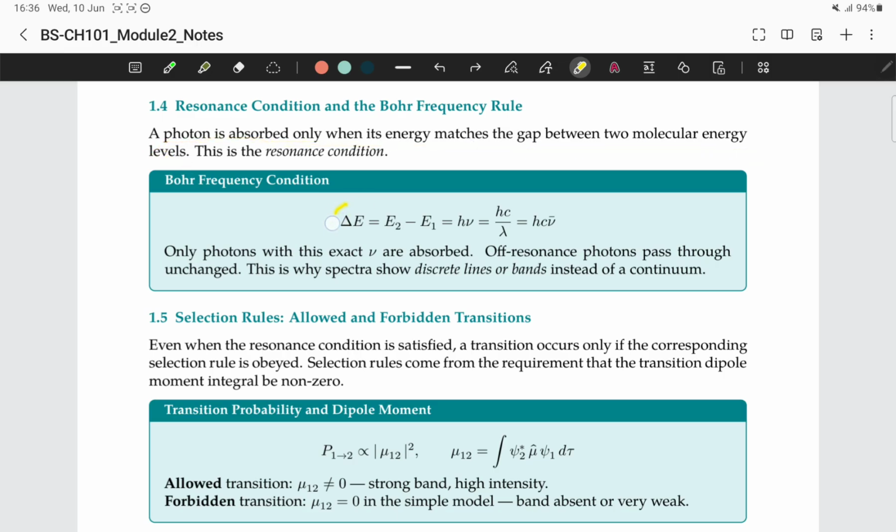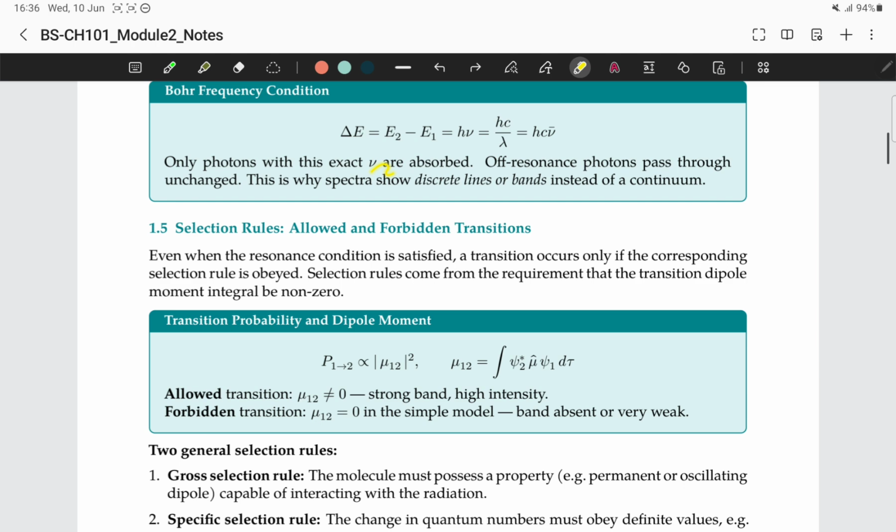That means ΔE = E2 − E1, which equals hν, or hc/λ, or hc ν̄. Only photons with this exact ν are absorbed, and off-resonance photons pass through unchanged. This is why spectra show discrete lines or bands instead of continuous ones.